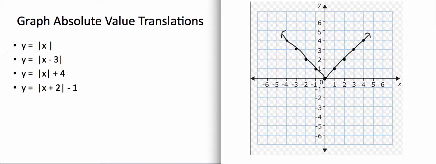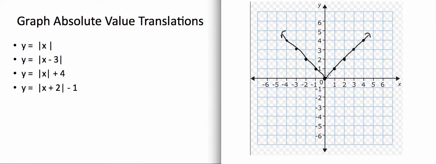So now when the subtraction sign is inside our absolute value, we think of it kind of backwards. Normally when we see a negative, we think moving to the left on the number line, but in this case, we actually move our point right.